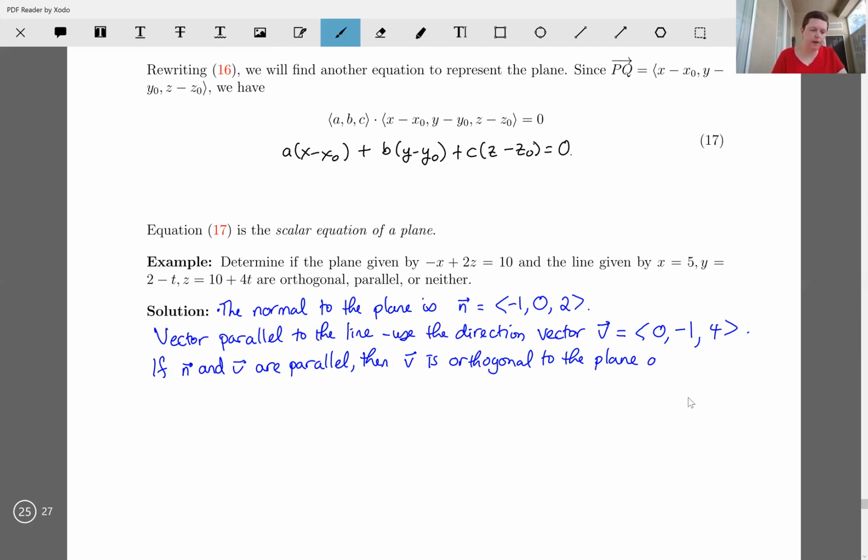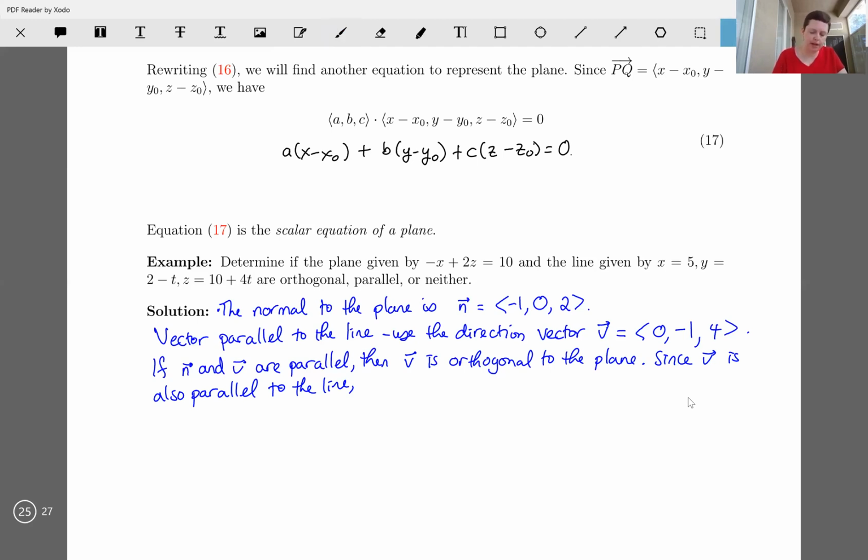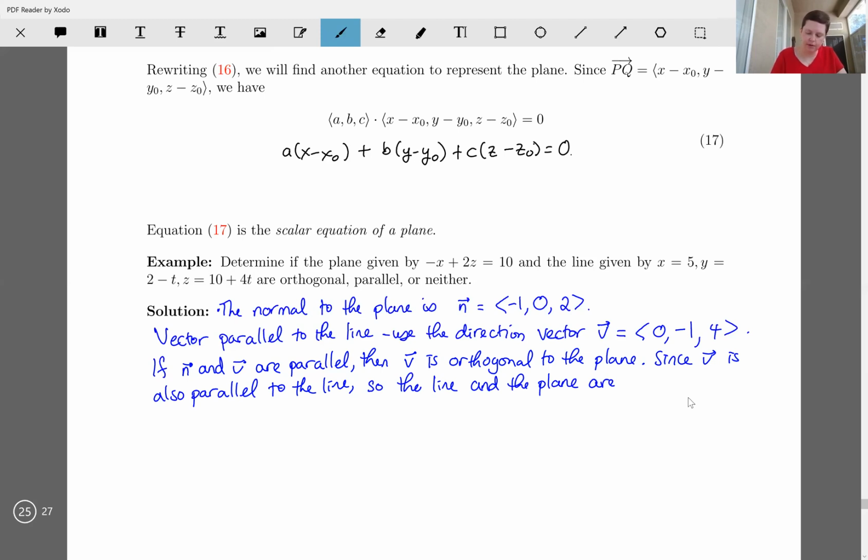Since v is orthogonal to the plane and parallel to the line, that tells us that the line and the plane are orthogonal.